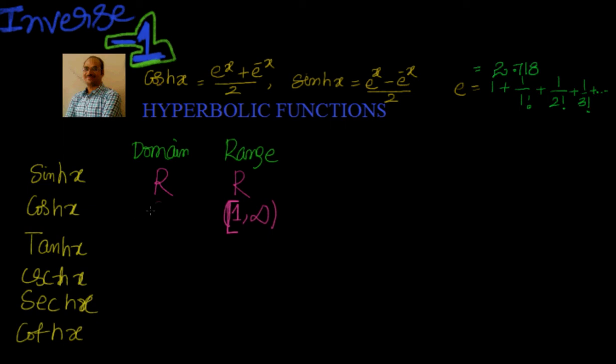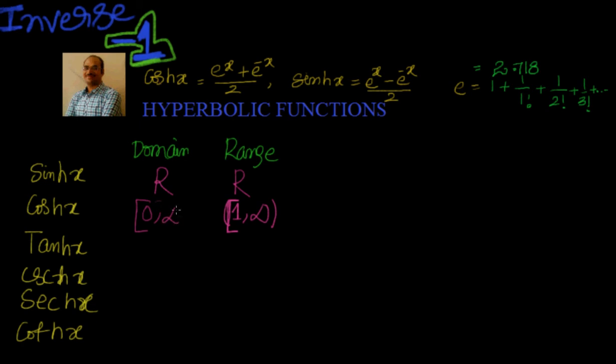Tanh x. For tanh x, we said the domain is perfect. We don't need to touch upon it. And we know the range also. We have seen that the range is between -1 and 1, and it's not going to reach -1 or 1. Okay. Cosecant hx.